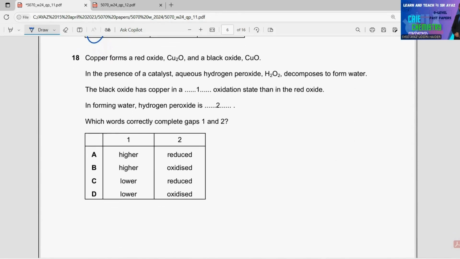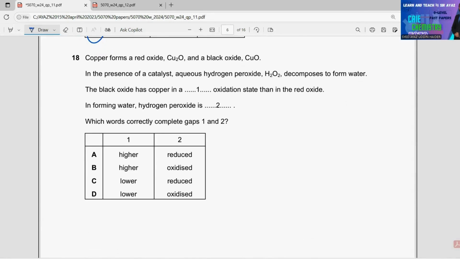18. Copper forms a red oxide, Cu2O, and a black oxide, CuO. In the presence of a catalyst, aqueous hydrogen peroxide, H2O2, decomposes to form water. The black oxide has copper in a gap 1 oxidation state than the red oxide. In forming water, hydrogen peroxide is gap 2. Which words correctly complete gaps 1 and 2?